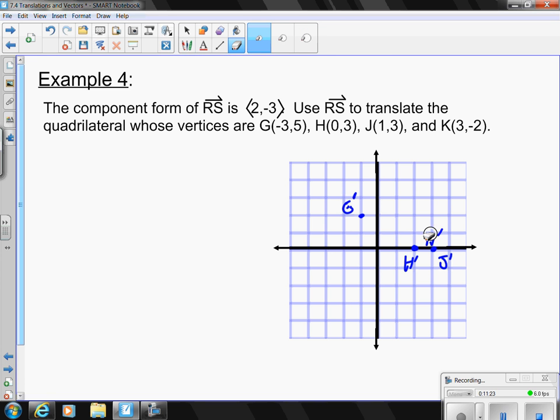As it turns out, you never really know until you start drawing them. And I got one more point. (5, -5). (5, -5). 1, 2, 3, 4, 5.